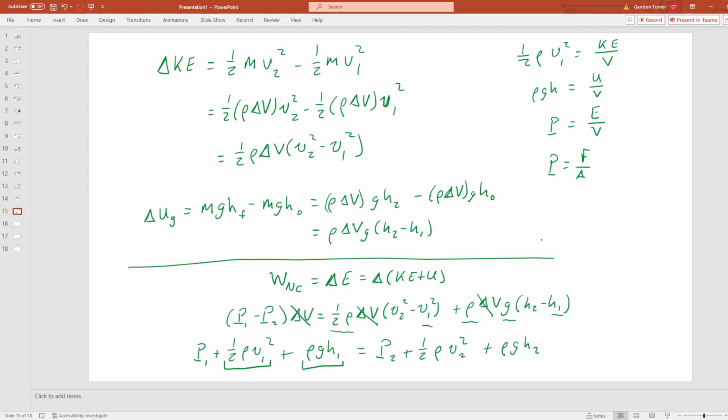Work is equal to force times displacement, so force is equal to work per displacement.